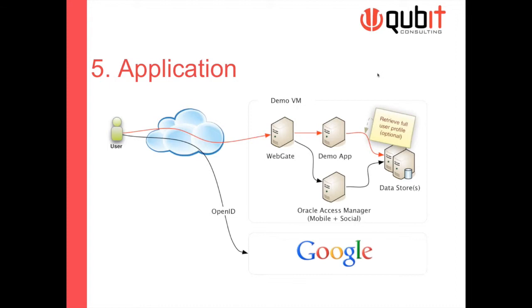But instead of asking someone to log in, the application assumes that if it has received a request, the user has logged in, and it is supplied that data as to which user is currently accessing the system. So it's a quick flip around. The application does not care about security. The application acts upon assertions from the webgate that this user is securely logged in.